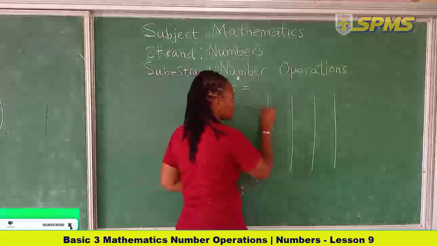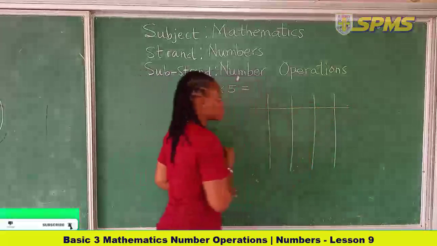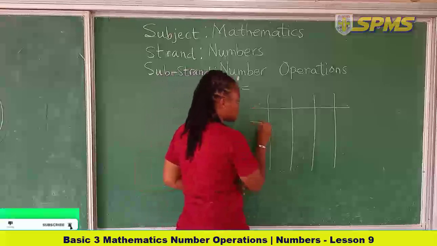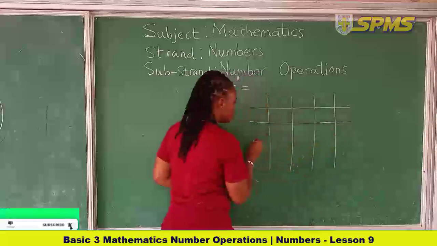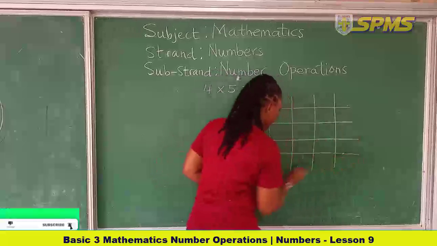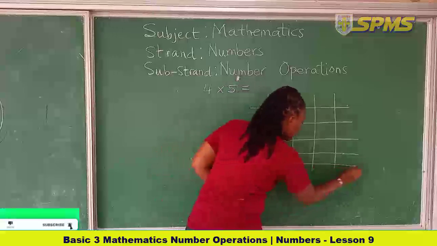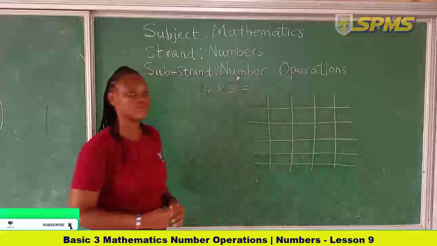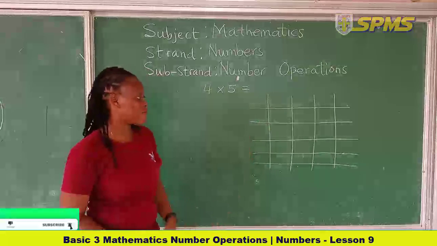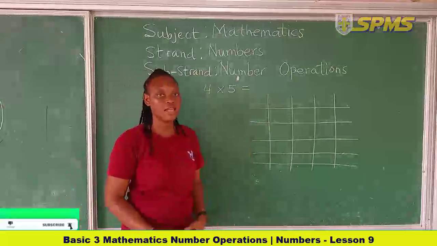So straight across the vertical lines. So we have 1, 2, 3, 4, and then 5. So we have 4 vertical lines, 5 horizontal lines.